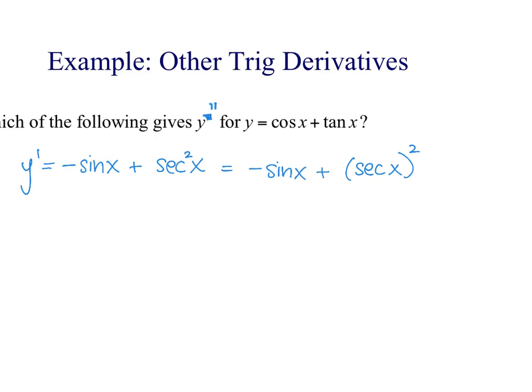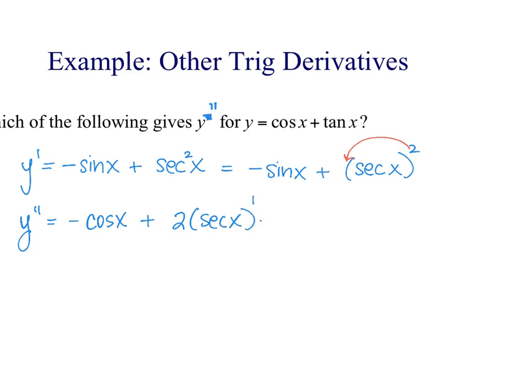Then you find the second derivative. The derivative of negative sine is negative cosine. The derivative of secant squared requires you to pull the power down to the front, so that would be 2 times the secant of x to the first.